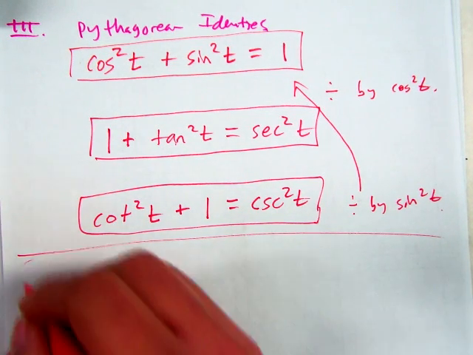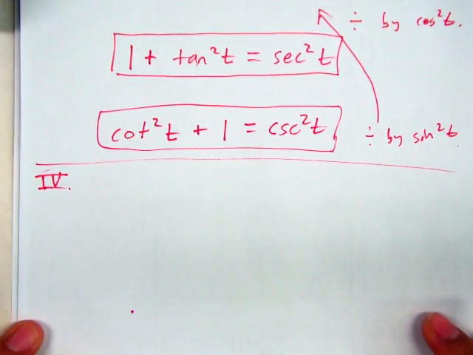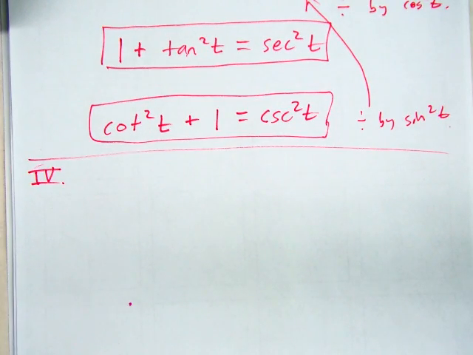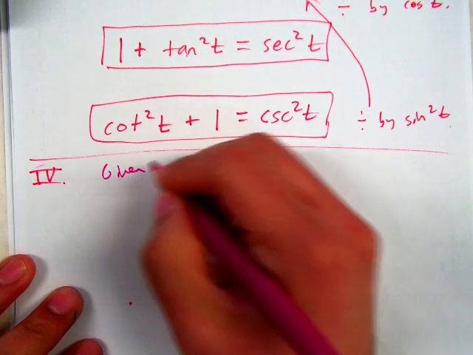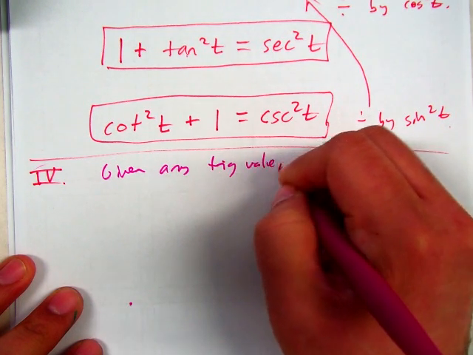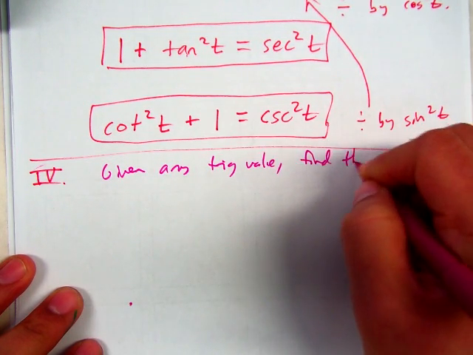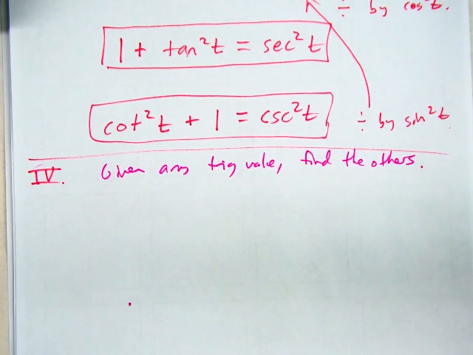Okay? All right. Fourth skill. Since I think I did a good job of emphasizing this whole triangle thing, you should not have any trouble with this either. So, the fourth skill is: given any trig value, find the others. In the last unit, usually they told you a sine or a cosine. Now you can be expected to get a secant, a cotangent, or anything really.